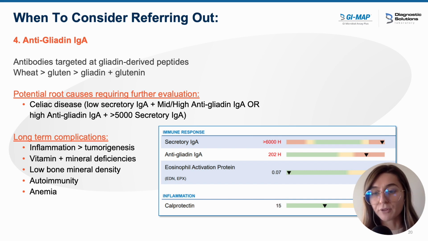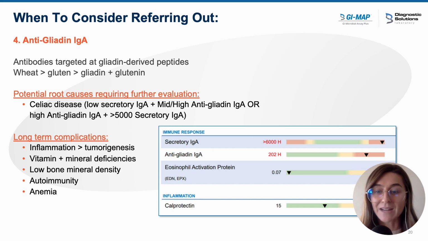Because of long-term inflammation. When somebody has celiac disease, anytime they consume gluten, it's going to break down the villi in the small intestine, which is going to reduce absorption, and it's going to lead to inflammation. And long-standing inflammation can lead to tumorigenesis, so creating a lymphoma or some sort of cancer in the small intestine.